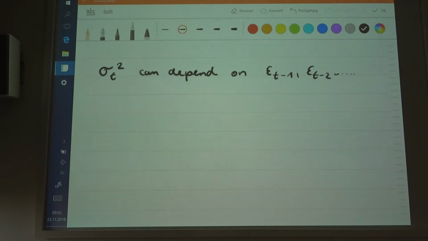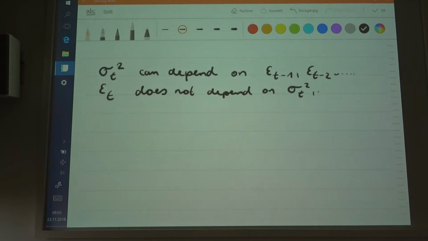On the other hand, the noise does not depend on the stochastic variance, nor does it depend on its past.